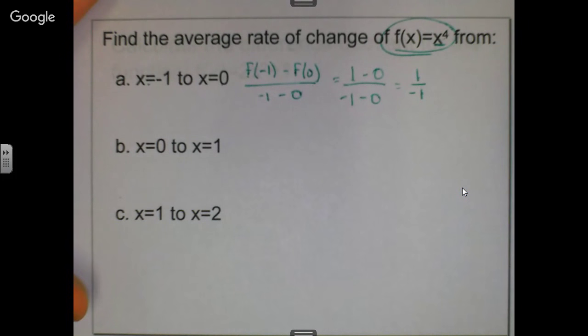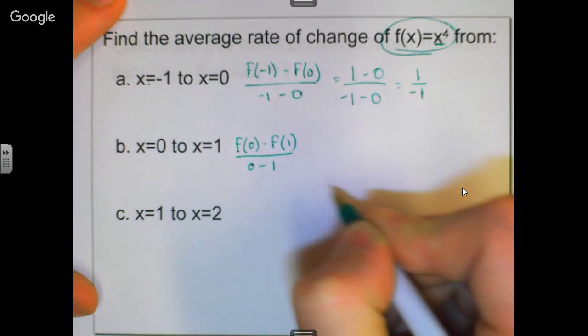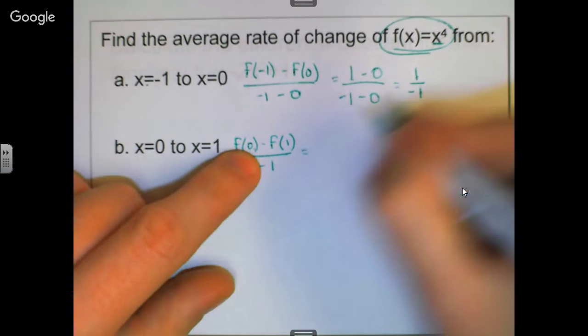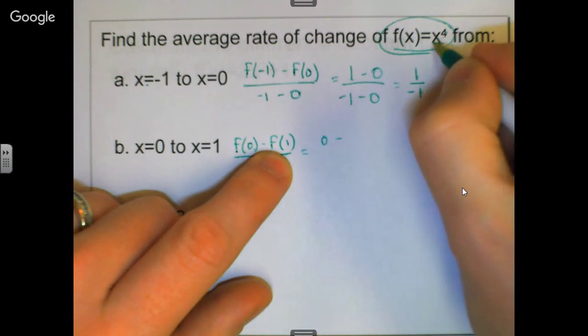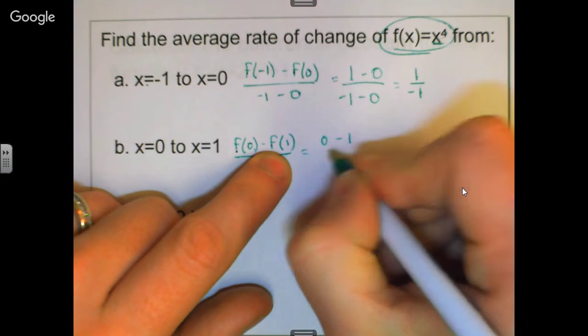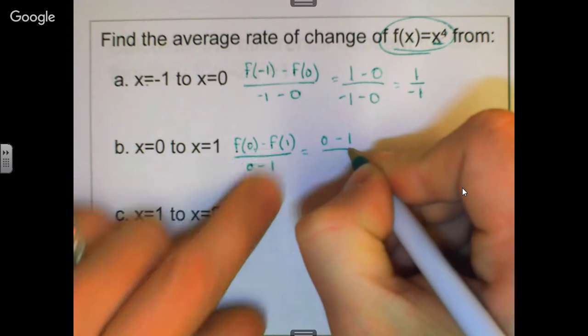So between 0 and 1, so I have f of 0 minus f of 1 over 0 minus 1. So f of 0 is 0 to the 4th, which is 0. F of 1 is 1 to the 4th, that's 1. And 0 minus 1. That's minus 1 over minus 1, which is 1 over 1. So in this case, it's going up, like this one might be going up 1 over 1.